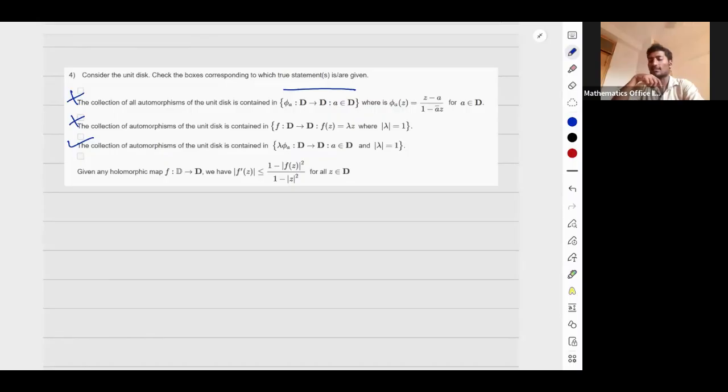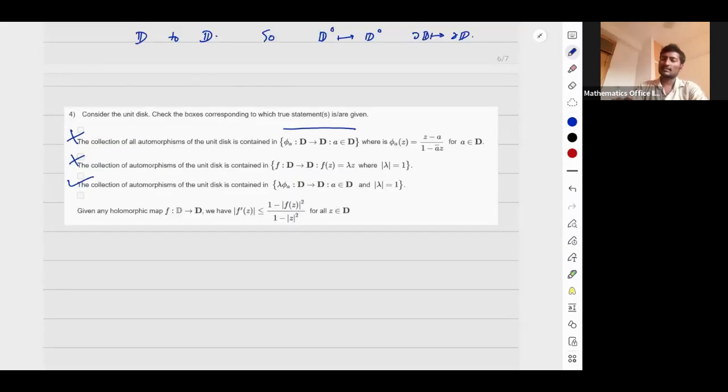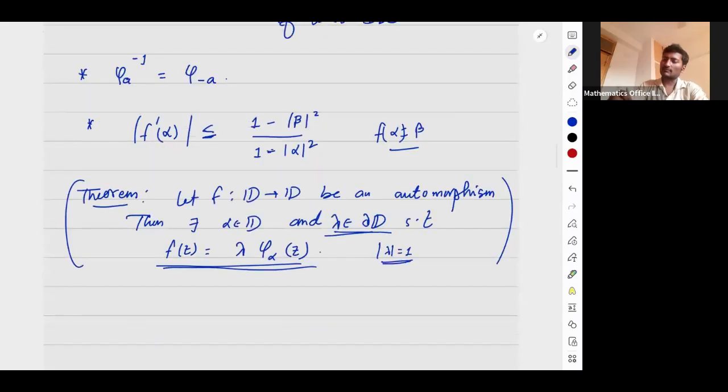This is kind of interesting. This is actually also done in the class. If you remember this line, this one.